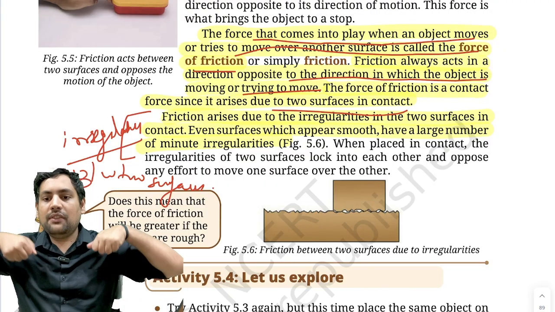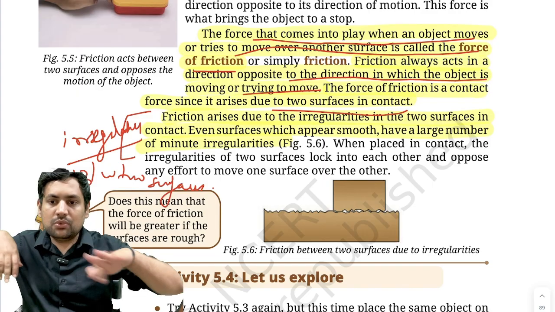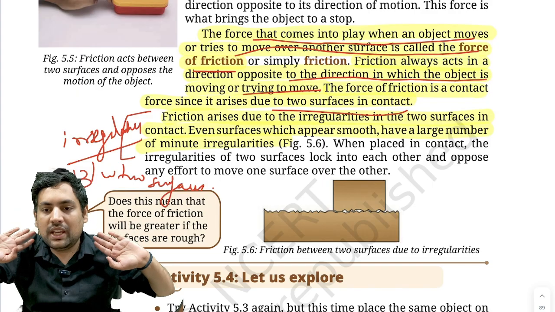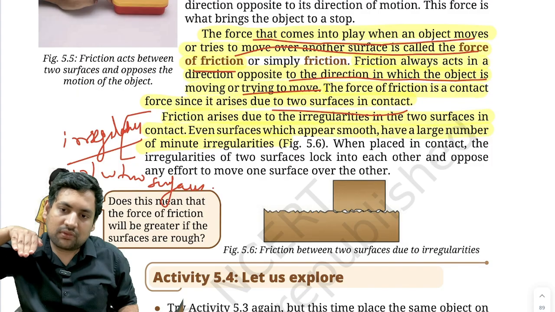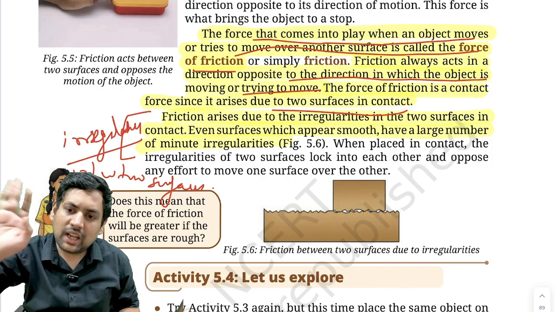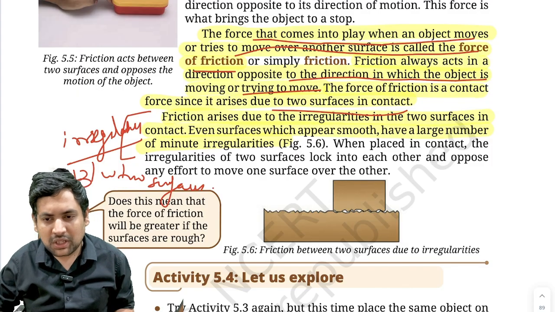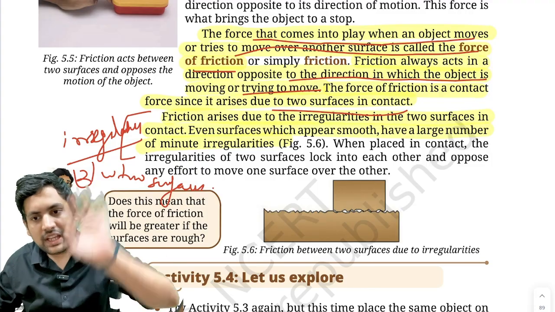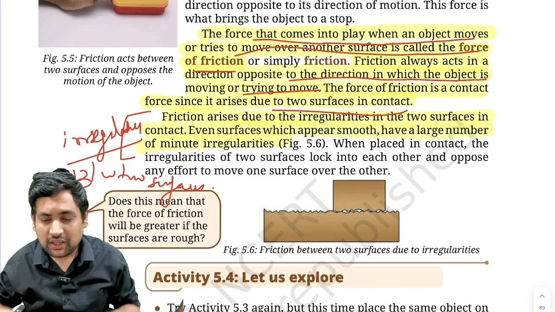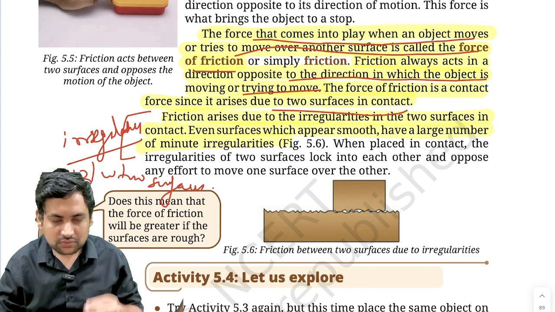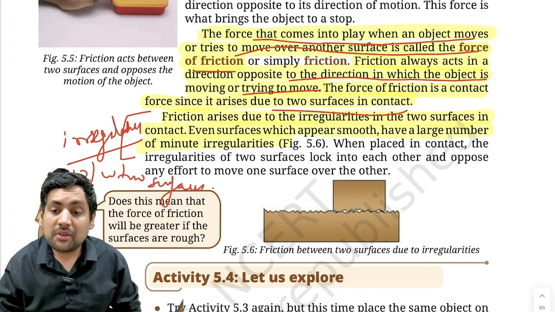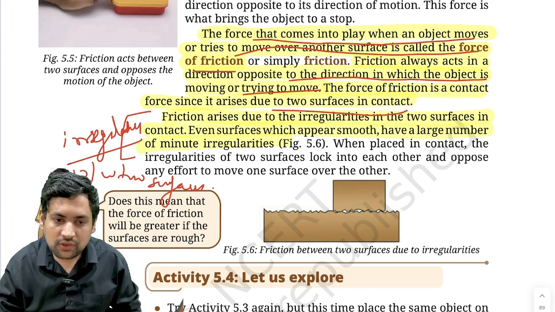That's why if you are driving on a very smooth road, even if you stop applying any acceleration and just take your hands and legs off, the car will go for a very long time at the same speed, or will stop after a very long distance. While if there are potholes, you will stop after a very small distance. Why? Because the surface is irregular.